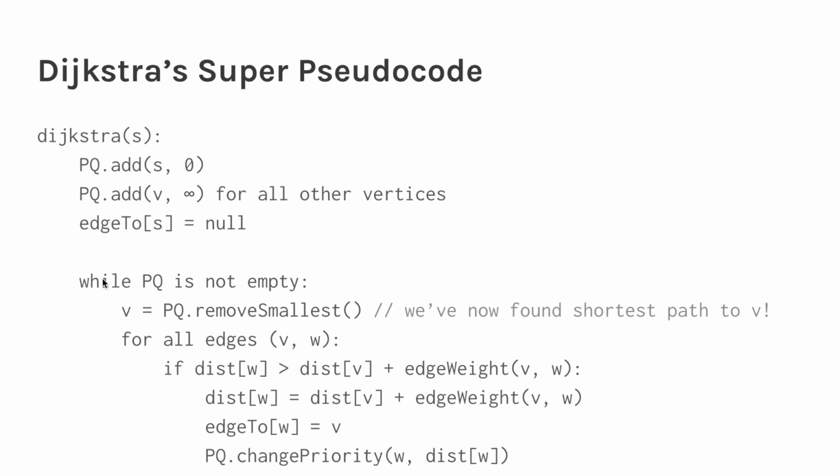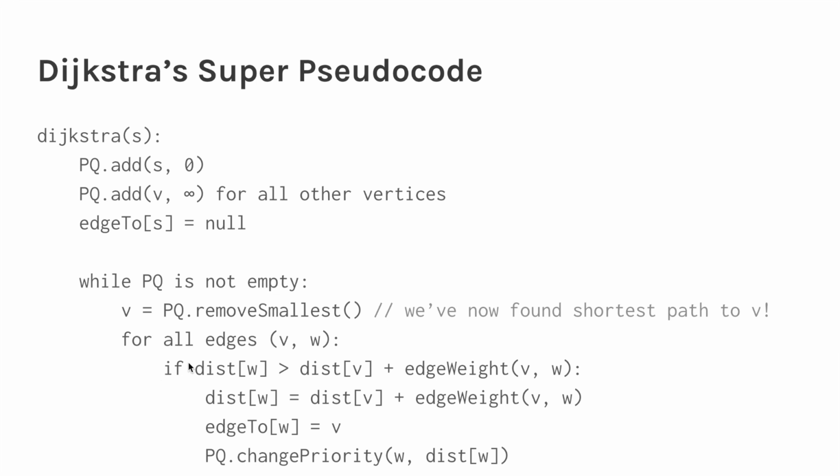And then it's a similar while loop structure. While the queue is not empty, you remove the smallest priority element from the queue. And this means we've found the shortest path to the vertex we removed. So key fact. And then for all the neighbors of the vertex we're visiting, here's the important part.